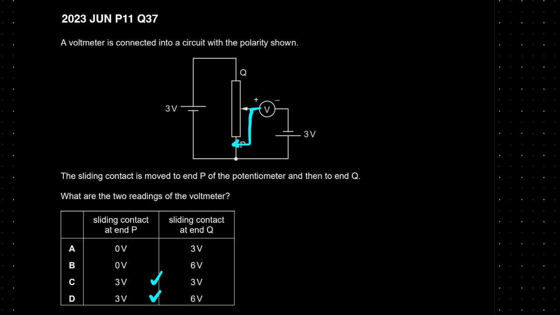And how about with the sliding contact at Q? So if I erase this for a moment, what's going to happen with the sliding contact now at Q? If you look at both of these sources, they are connected negative to positive. So both of these voltage sources are really adding up here, right?